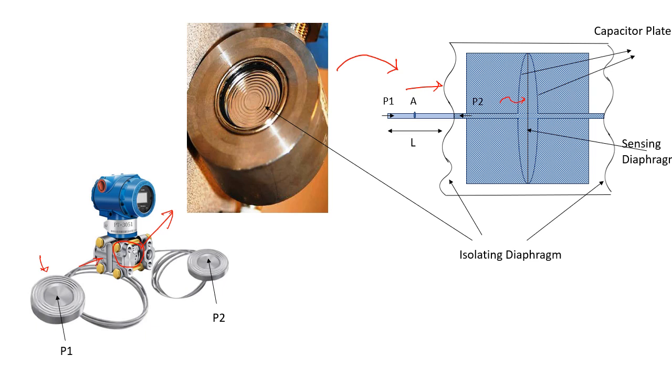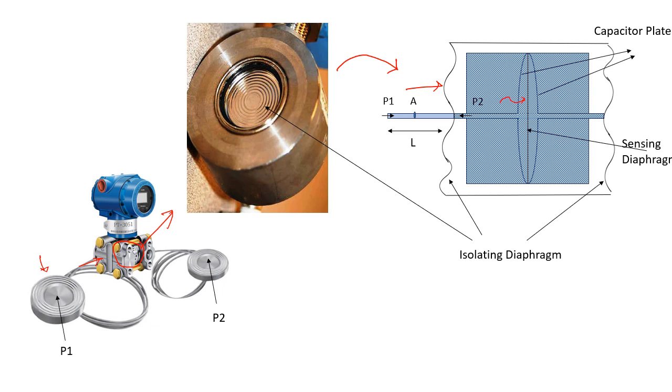On both sides of the sensing diaphragm there are capacitor plates. As pressure is applied, the distance between the capacitor plate and the sensing diaphragm changes, and this change in capacitance is measured through the electronic circuit.